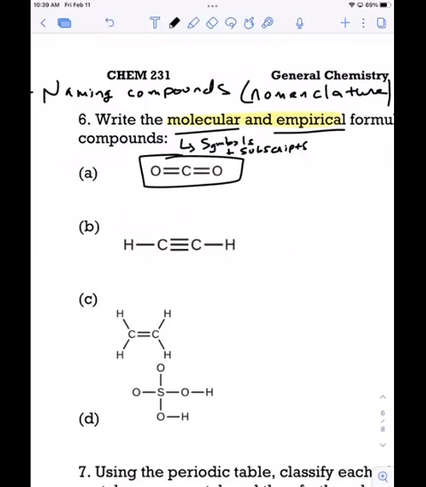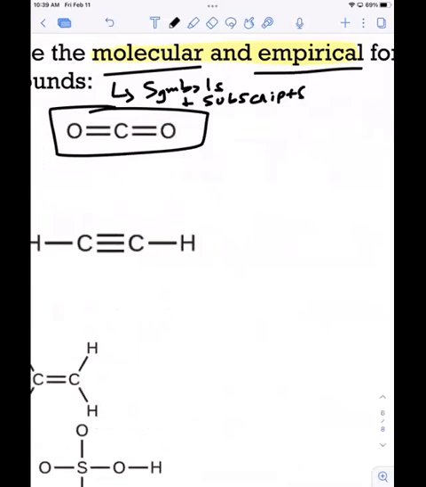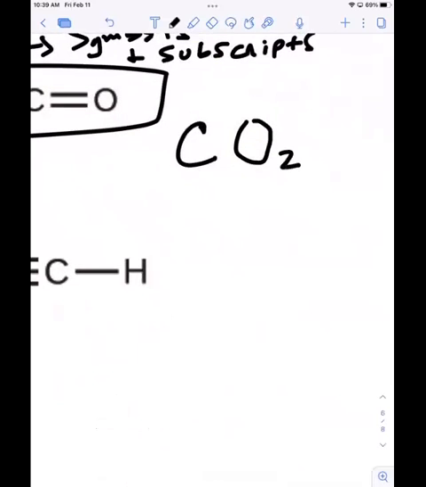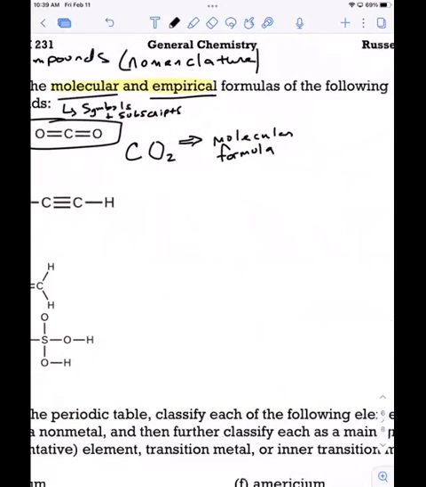How many carbons do we have? Just the one. How many oxygens? 2. So we have carbon and oxygen, and we have 2 oxygens. So we're going to list that as a subscript. This is the molecular formula.